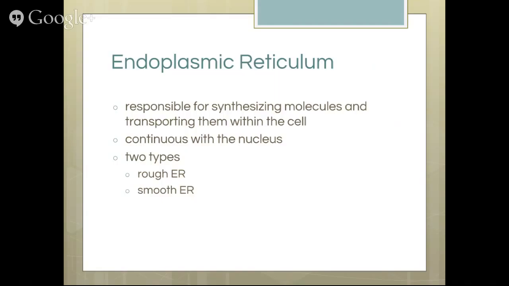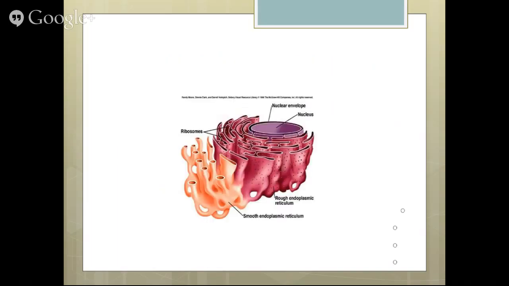Here's a picture of the endoplasmic reticulum, and you'll see here's the nucleus, and then it just becomes the endoplasmic reticulum. The 2 different color variations here indicate the two different types, the rough and the smooth. They're not really colored differently, but it's easier for us to look at it that way.